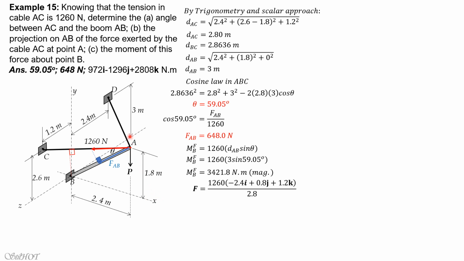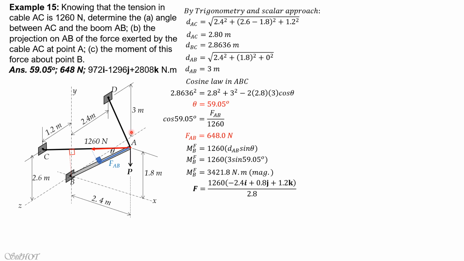The y component is upward, and that upward component is 0.8 divided by 2.8 times 1,260. Remember the component of the force is equal to the magnitude of the force times component of distance divided by distance. The y component of distance is 0.8, the distance is 2.8.